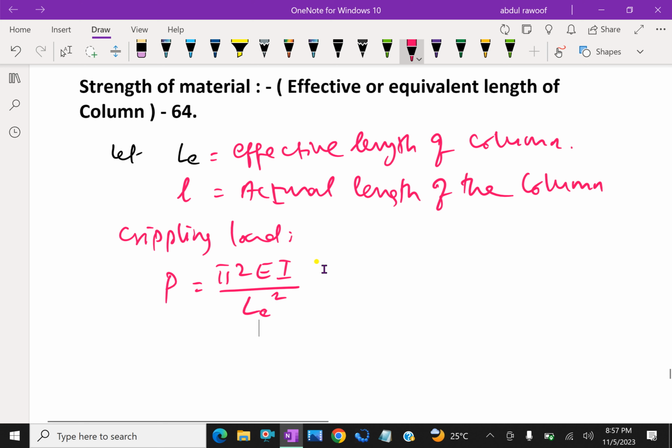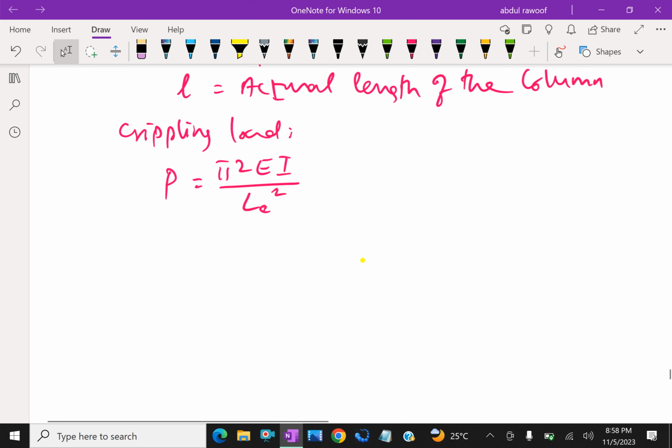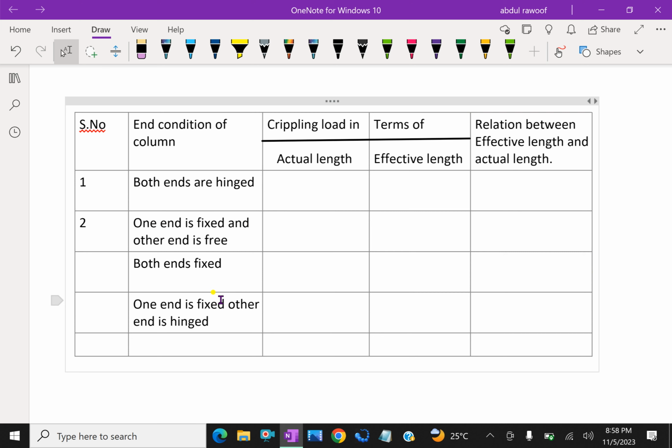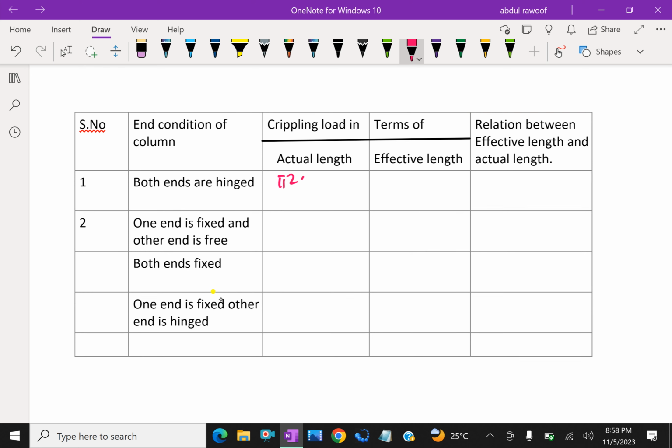The crippling load P in terms of the actual length and effective length, and also the relation between effective length and actual length, are given in the table as follows. End condition: first, both ends are hinged. The crippling load is pi square EI over L square.